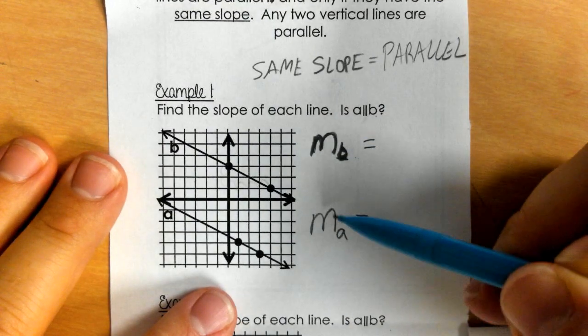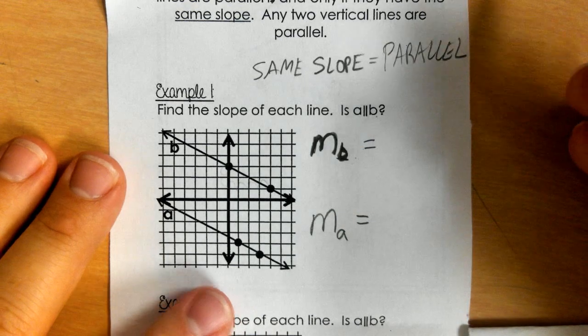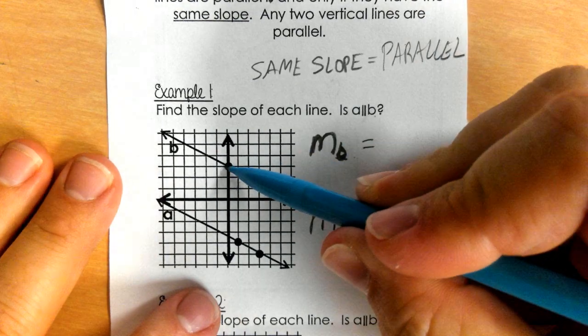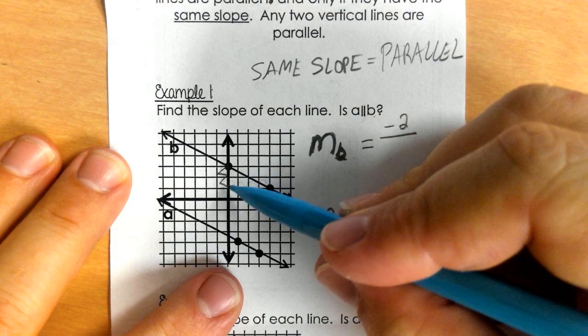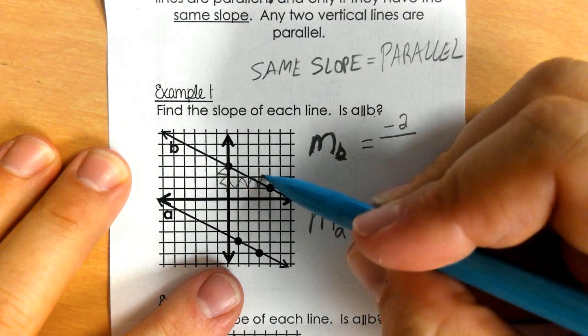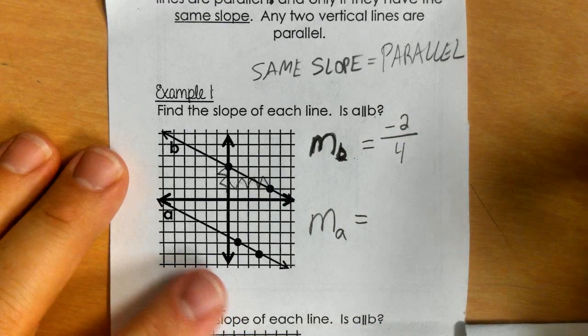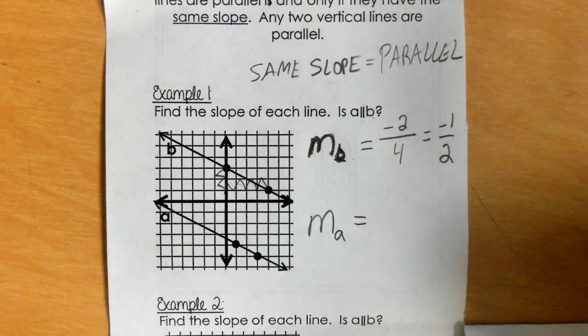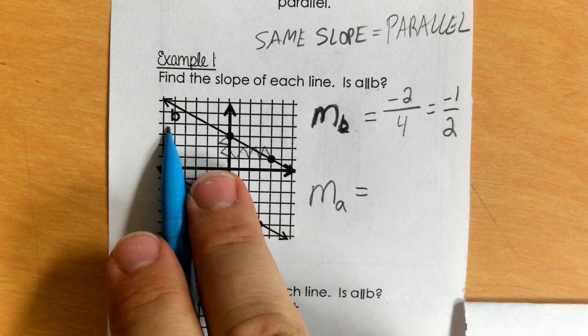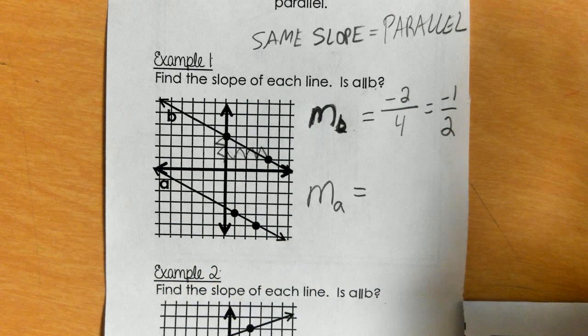Slope of line B, slope of line A. Well, what is my slope of line B? Negative 2 over 4. I can simplify that to negative 1/2. The slope of line B is negative 1/2.